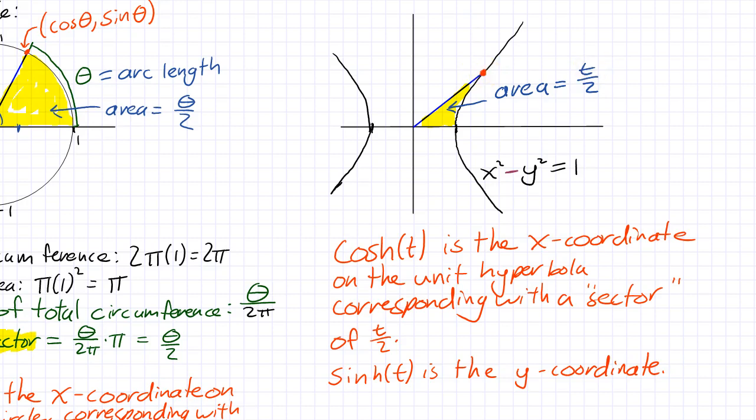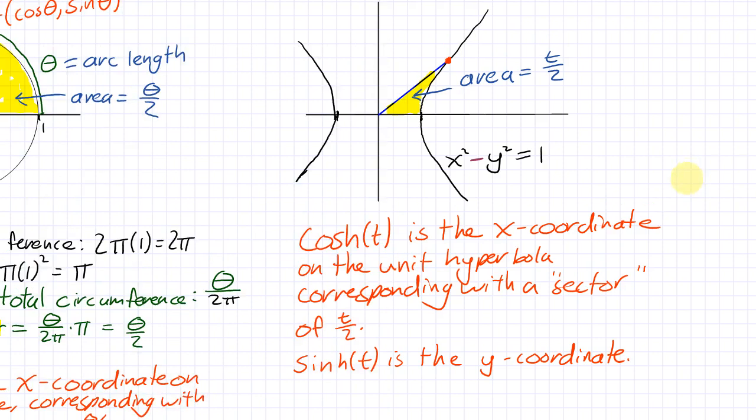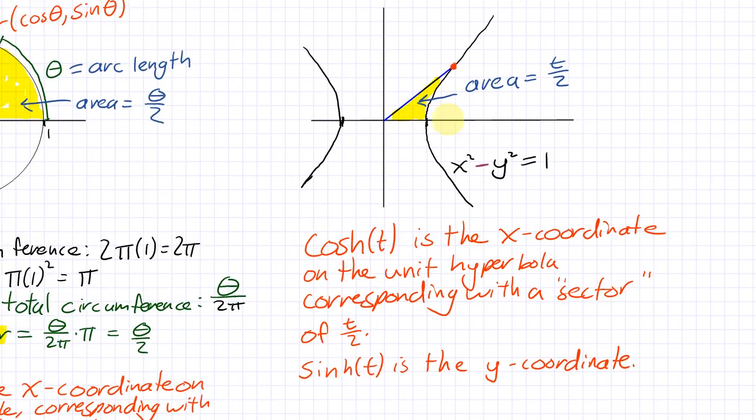If we take that number t and divide it by 2, so t is really double the area of the sector, and then plug it into this, it turns out, I'm not proving this, so you'll have to believe me, that cosh of t is actually this x coordinate right here, and sinh of t is the y coordinate of that point.